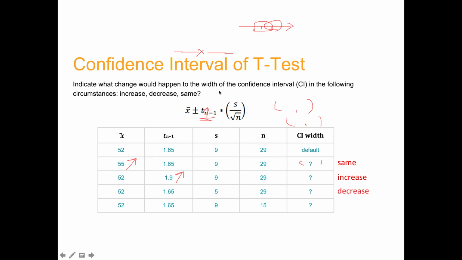And what happens if s decreases? If this one decreases, this whole part is going to decrease. And what about if n decreases? If n decreases here, then this whole thing is going to increase.